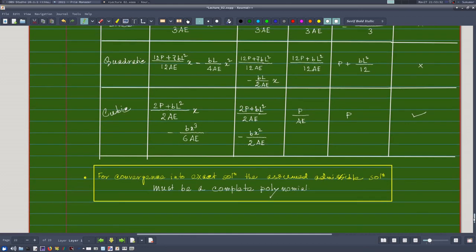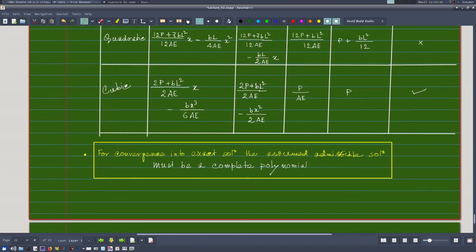One more point to be noted in this method is that if we assume a polynomial solution as the approximate or admissible assumed solution, then in order to converge to the true solution, it must be a complete polynomial. That means it must contain the terms of every order up to the order n if I am using an nth order polynomial.